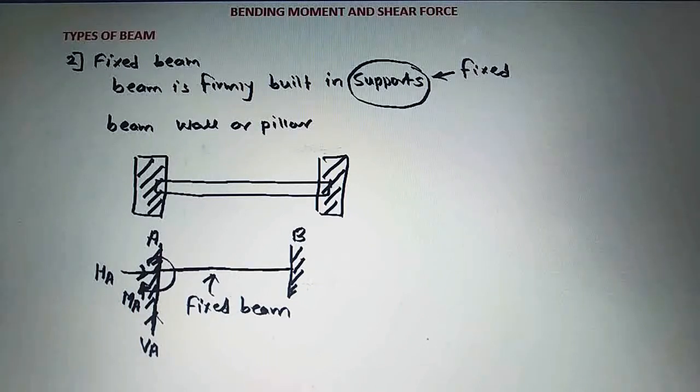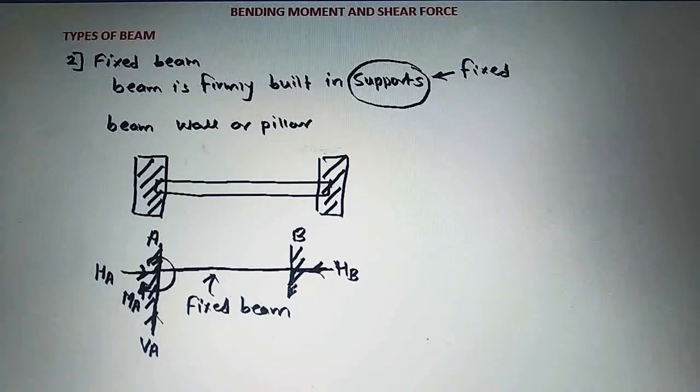Then we can write the reactions at the fixed support B. As this is a fixed support, it will block the horizontal motion as well as the vertical motion and the moment of this beam. So we first take the horizontal reaction, and we take it as HB.